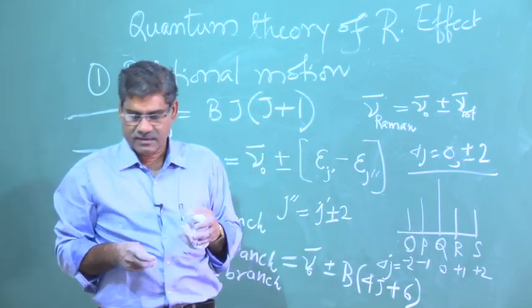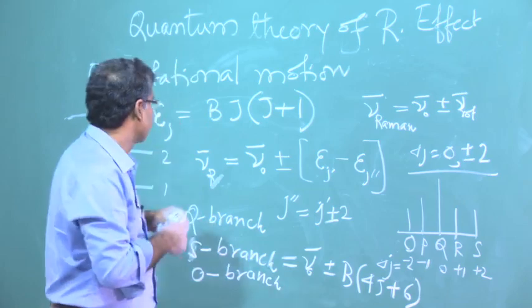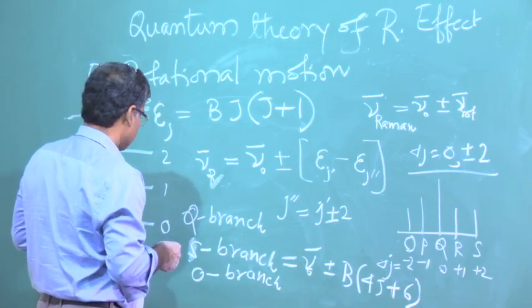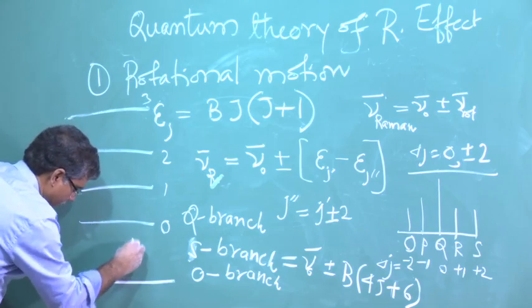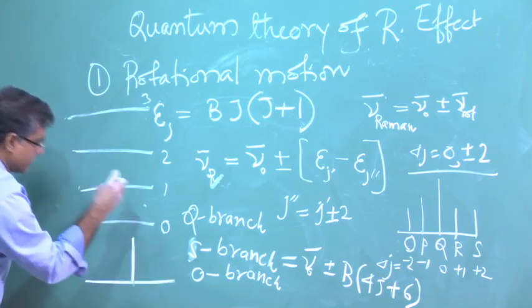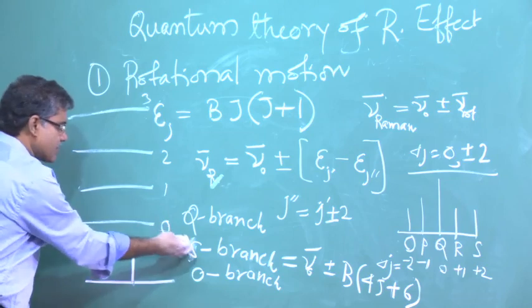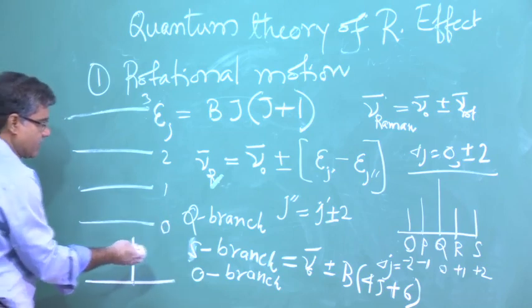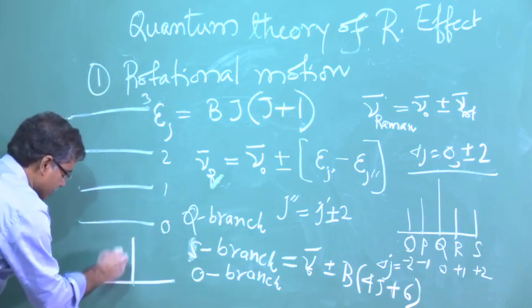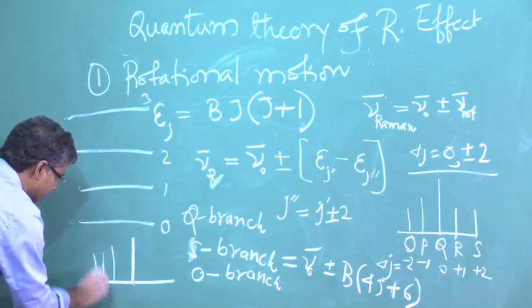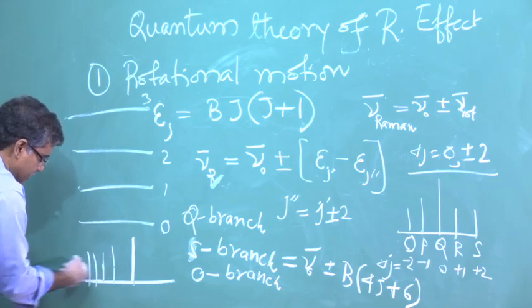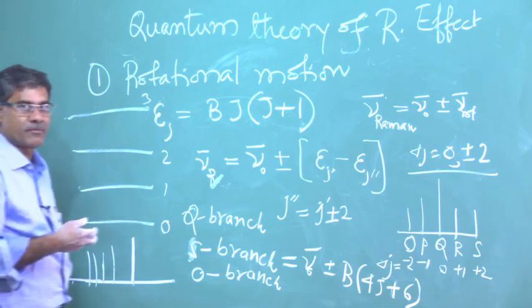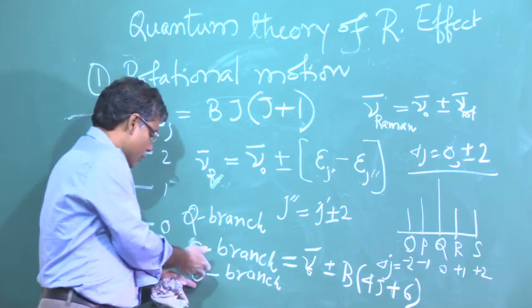So, you will get the original line, and different branches. For the S branch, the intensity will not be the same for all, anyway we are not discussing that. So, you will get the S branch and the O branch.